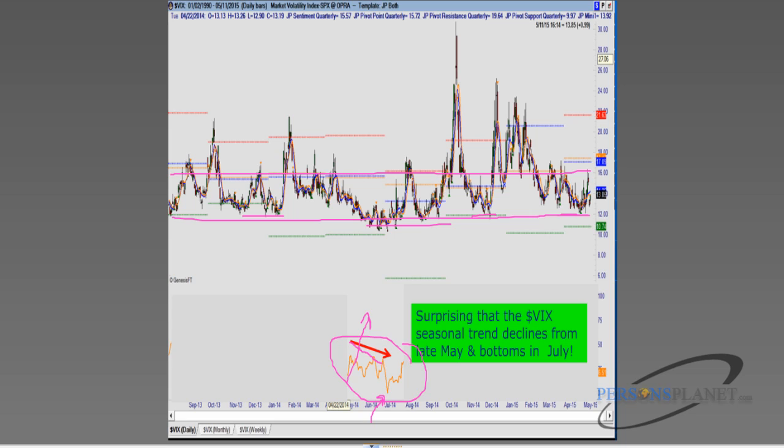I know we're several weeks ahead of schedule here, but the VIX actually makes an annual low. Traditionally, it has more times made an annual low the first week of July. Now think what happened last year in the market. That's kind of interesting, because last year the market had a more significant sell-off.